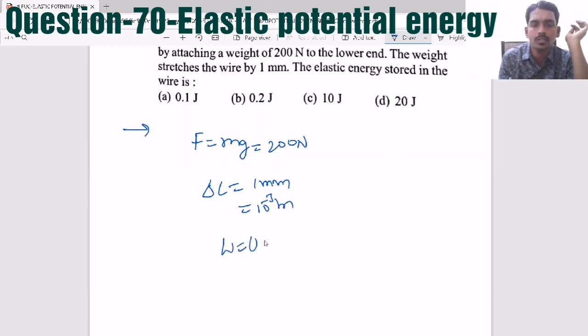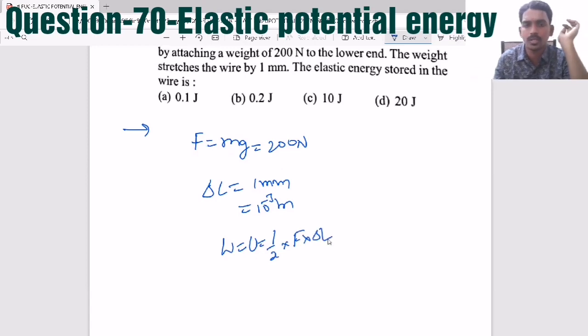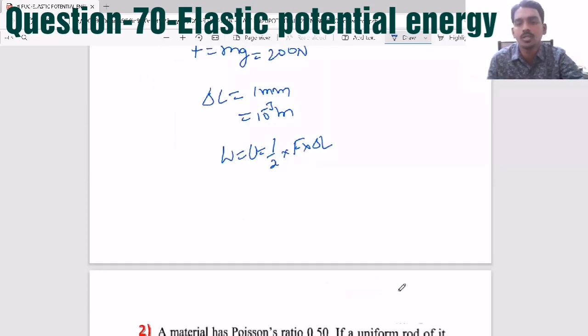See, it's a direct question. So half into F into delta L. So a simple question can be expected from any chapter, from any concept on any formula. So you just have to take care of remembering the formula, collecting data, conversion of units and proper calculation.